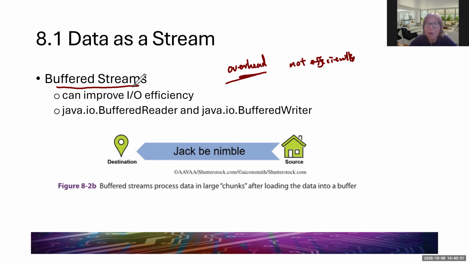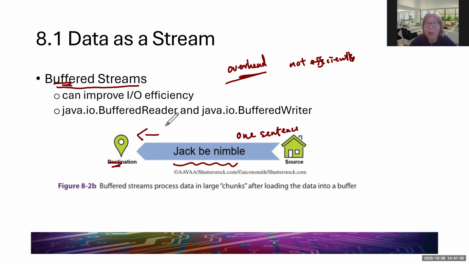For buffered, you store a number of letters at some place. We call it a buffer. And then you write it to the destination at one time. Suppose this is one sentence. You store this whole sentence in a buffer and then you write it to the file.